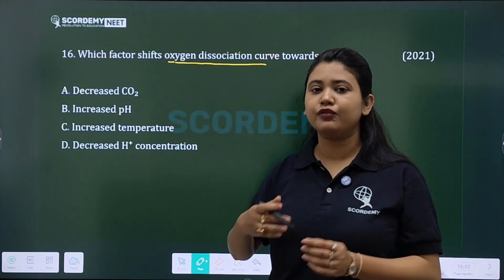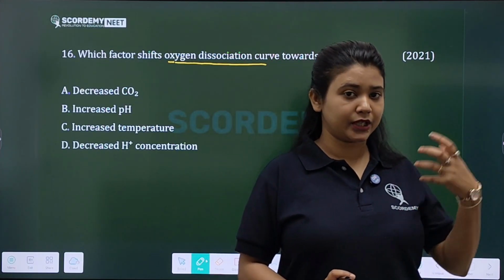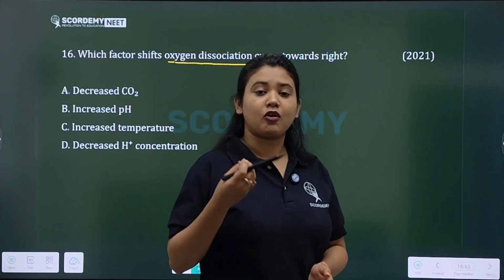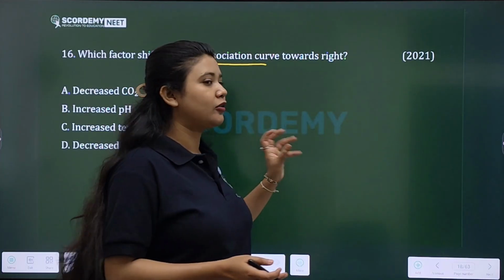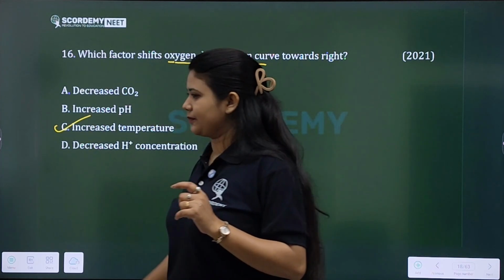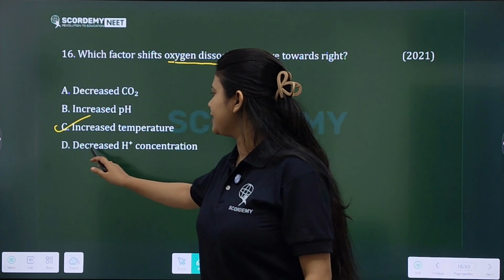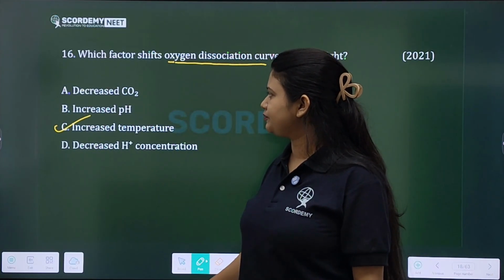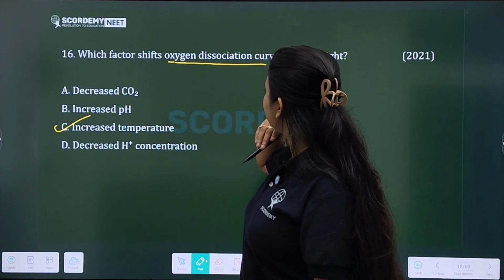This curve will move towards the right, which means the affinity of oxygen binding with the hemoglobin increases. Simply put, the binding capacity of oxygen with hemoglobin will increase. Which factor contributes to this? It will be increased temperature. Remember, it will be increased temperature, not decreased hydrogen concentration, and not decreased carbon dioxide.